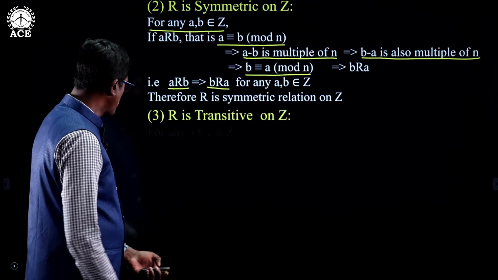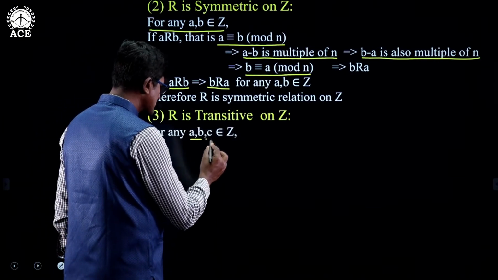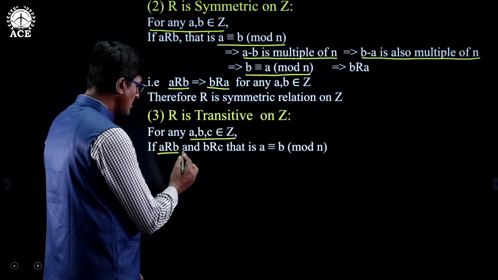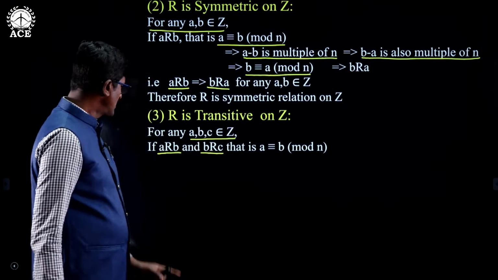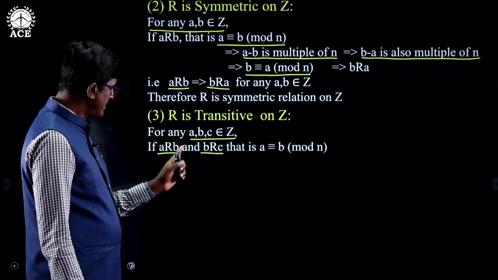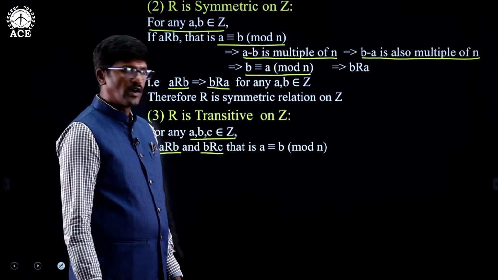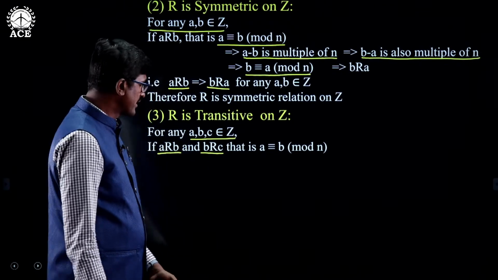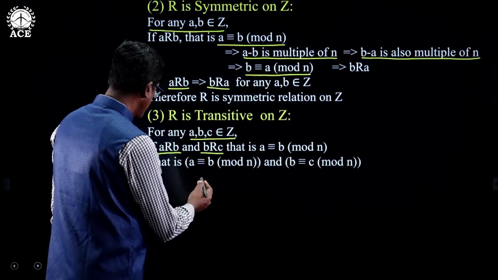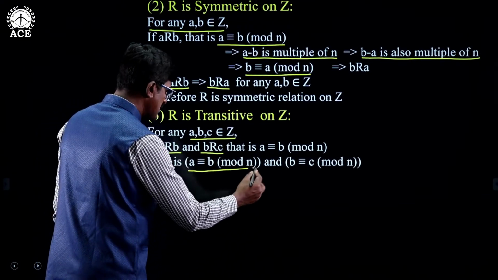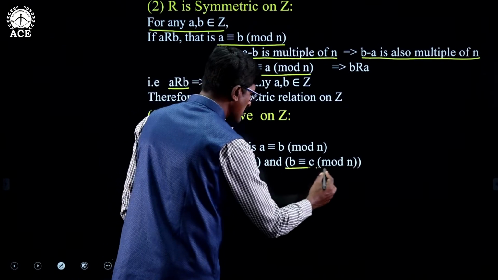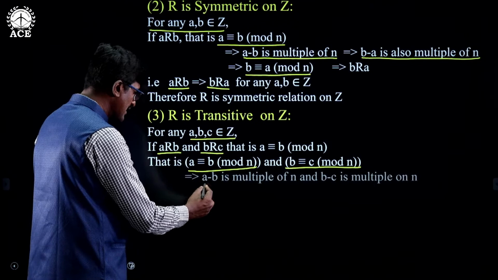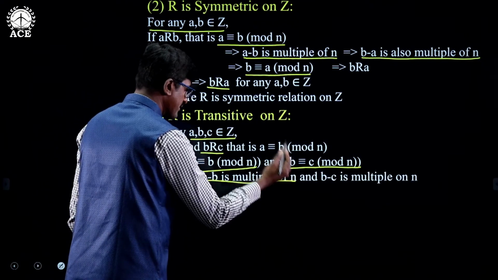Now let's see the transitive property. A, B, C belong to Z, and if A is congruent to B mod n and B is congruent to C mod n, then you need to prove A is congruent to C mod n. A is congruent to B mod n is nothing but A minus B is a multiple of n.